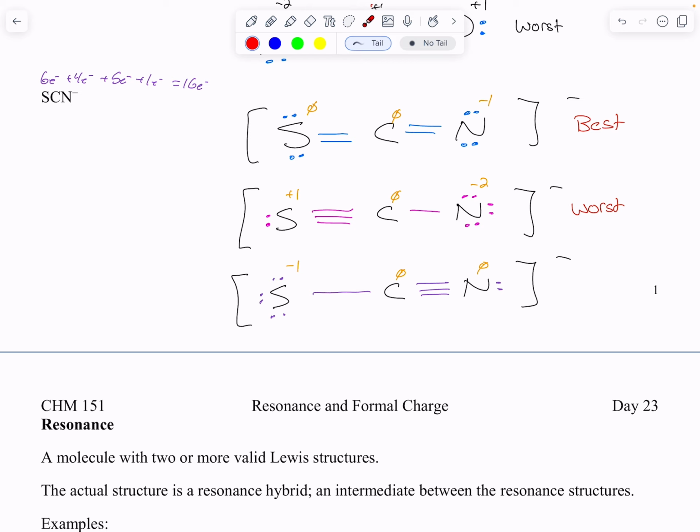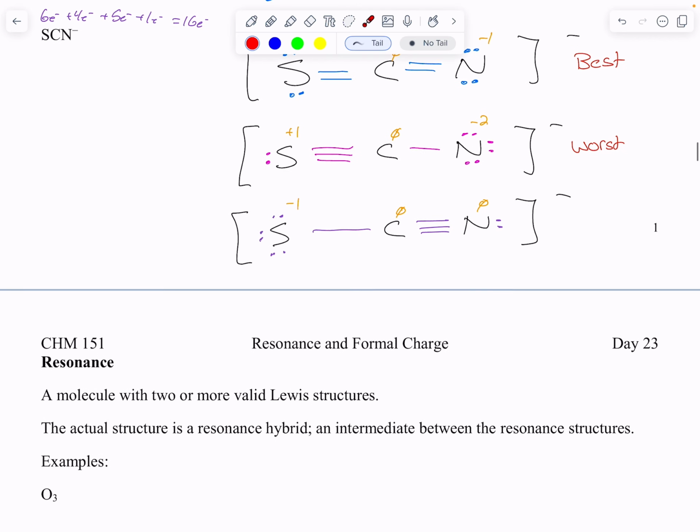Okay, so for examples like O3, the formal charge does not change among the oxygens. The formal charge can move, but overall doesn't change. Whereas here, each atom, like if you look at nitrogen, goes from -1 to -2 to 0. Right, so those are inequivalent resonance structures when it comes to formal charge.